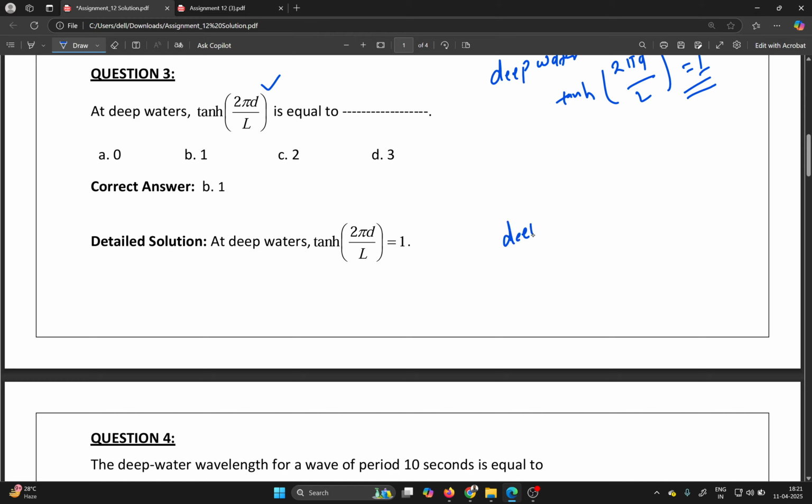Remember, the condition is deep water, and you have to calculate the wavelength, which I represent with lambda, and the wave time period is given as 10 seconds. So just think within 1 minute.